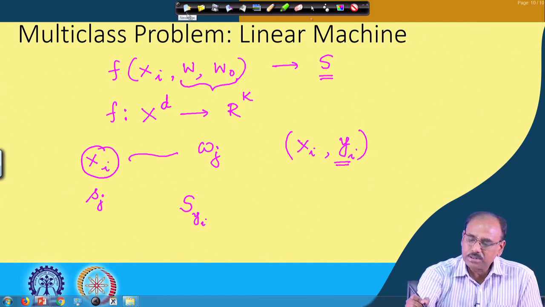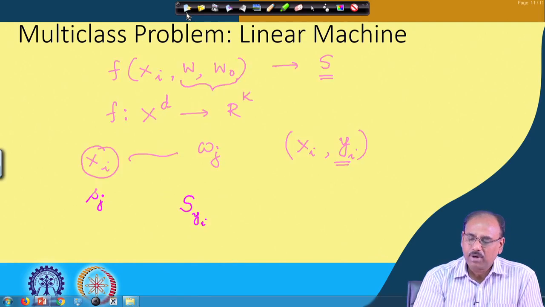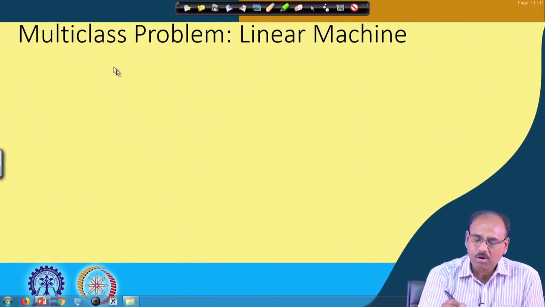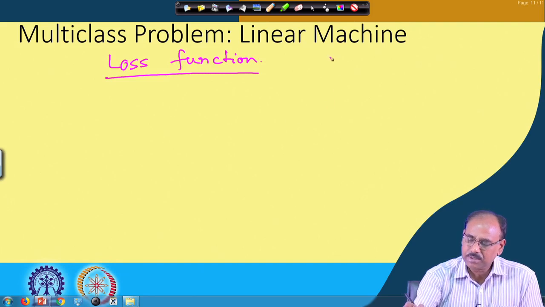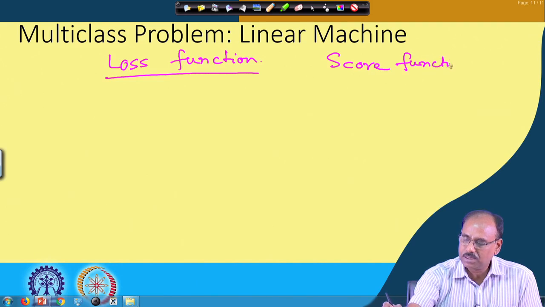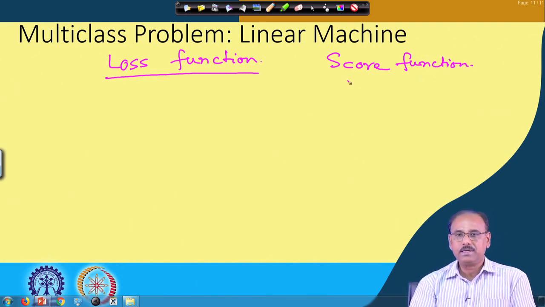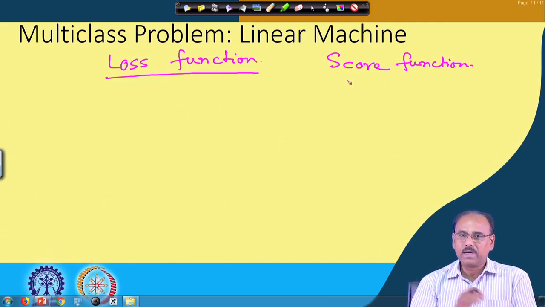So, what I want to do is now define something called a loss function. One thing we have seen is the score function. The linear machine gives you the score function, and the score function indicates, for a given feature vector, the score for different classes or categories. And I want that this score should be the same as the ground truth.